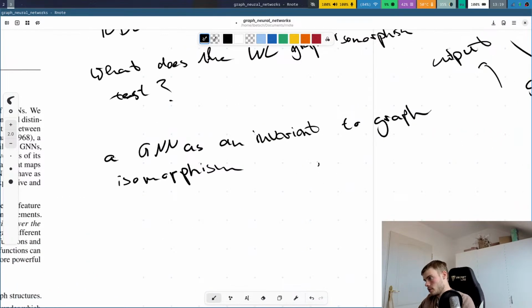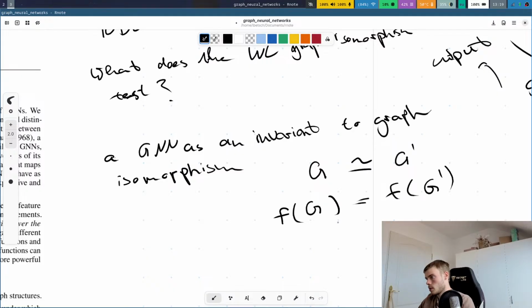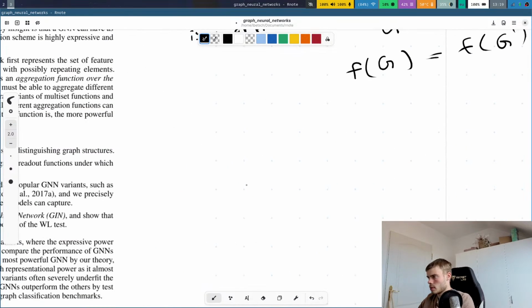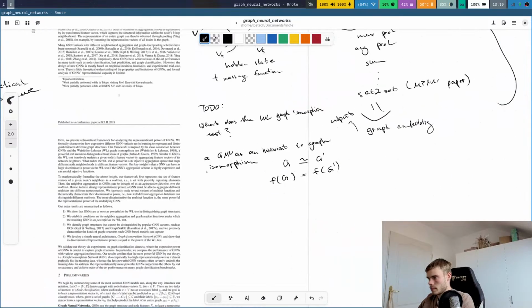So if G is isomorphic to G prime, then our network model f of G is equal to f of G prime. Okay.